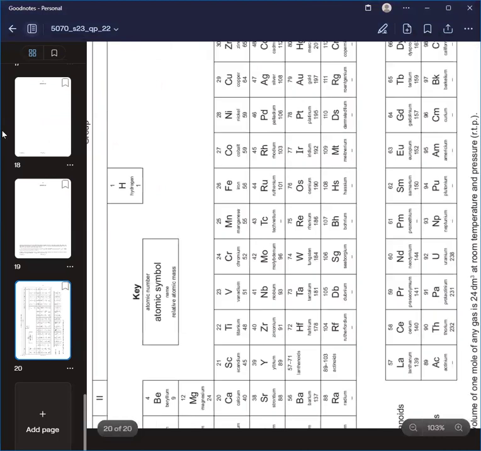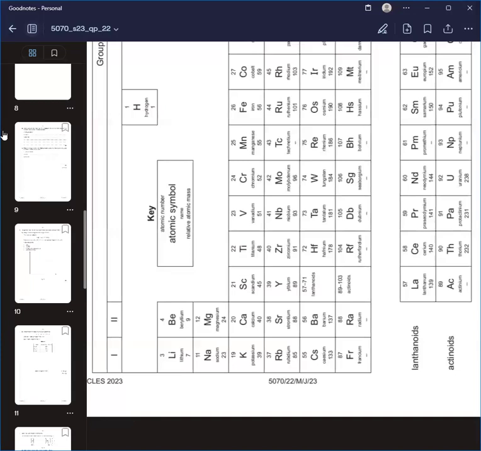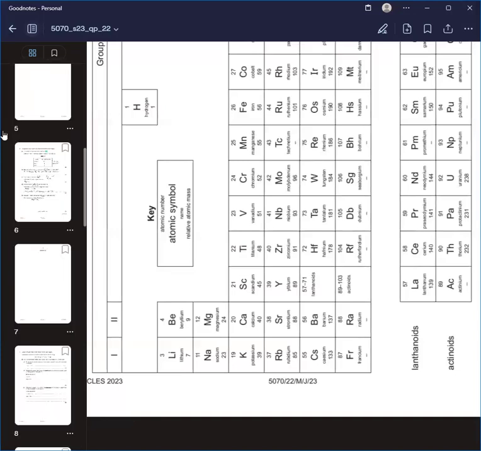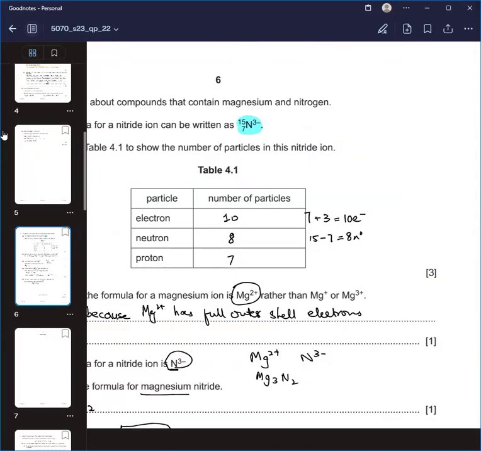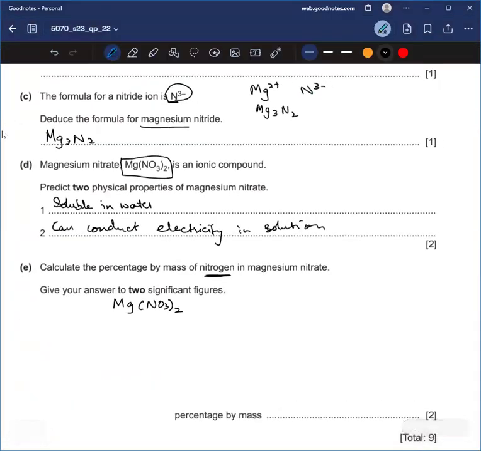So Mr is 24 plus 14 times 2 plus 16 times 6, which would be 148.